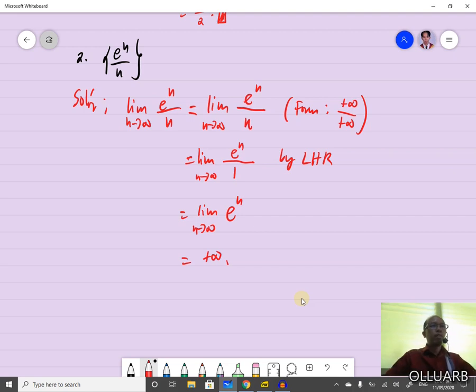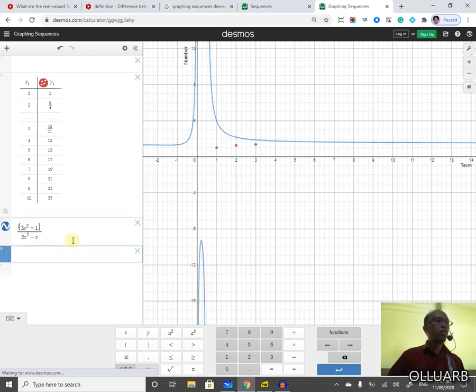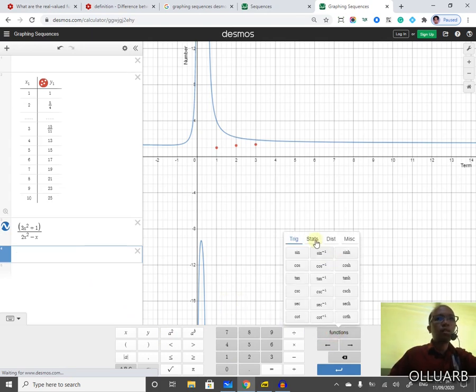Okay, so if you try to graph this problem, replace n by x.